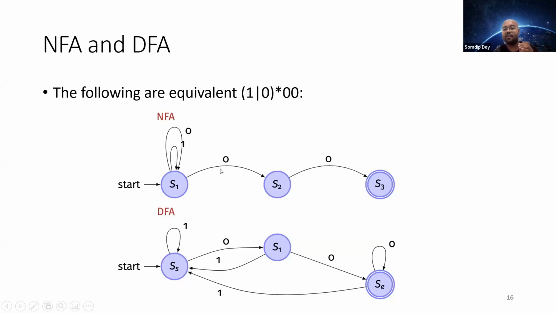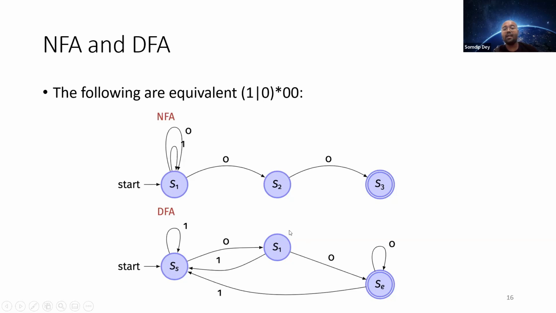As you can see, the state transition happens from S1 to S2 for 0, and the state transition again happens from S2 to S3, which is the accept state, for 0 again. So the substring 00 will be an accept string. And for the DFA, it's also the same.